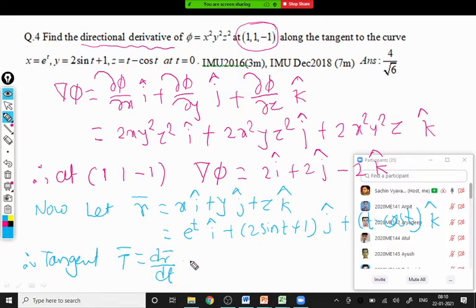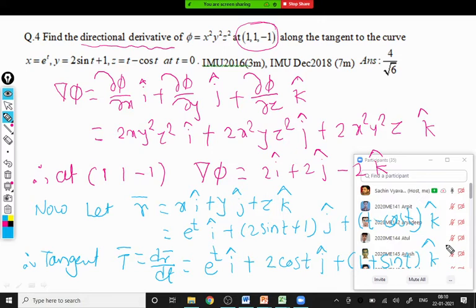Now we can differentiate it and get the general tangent. The derivative of e raised to t is e raised to t itself, plus 2 cos t j cap, plus the derivative of minus cos t, which becomes 1 plus sin t k cap. So this is the general tangent vector.